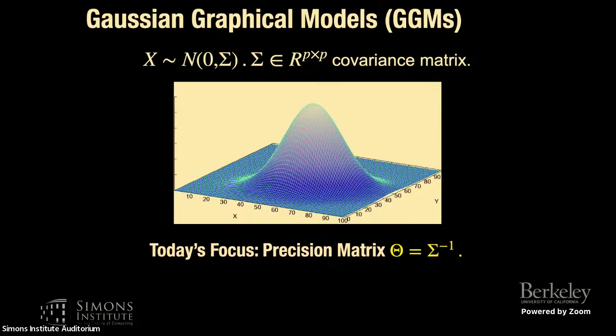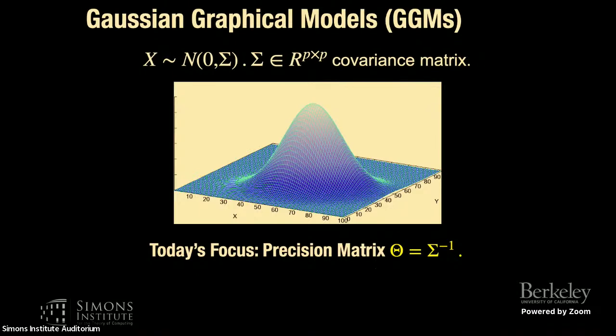The twist today is that instead of parameterizing Gaussian distributions by the covariance matrix, today we'll talk about parameterizing them by the inverse of the covariance matrix, which is called the precision matrix. So theta, which is sigma inverse.